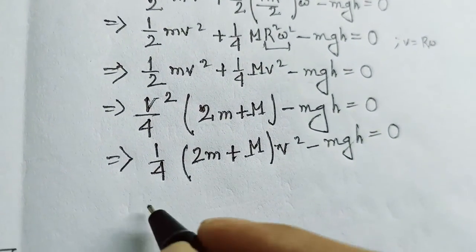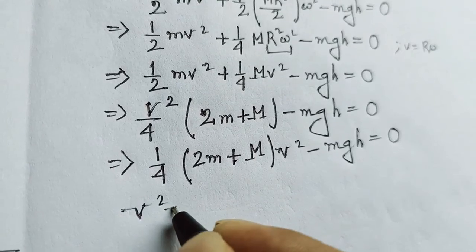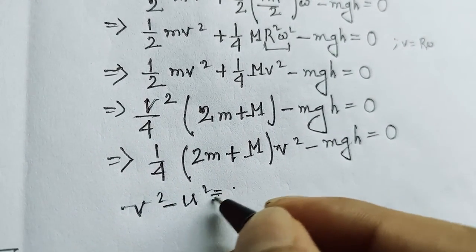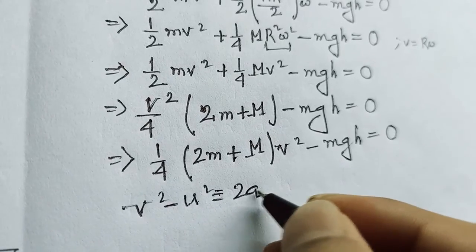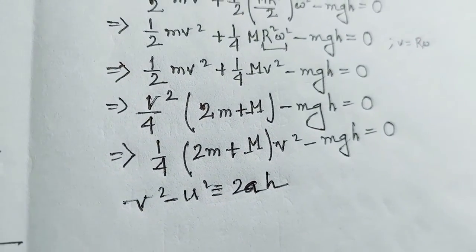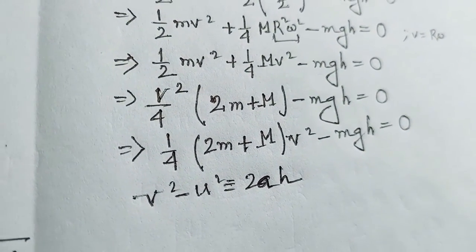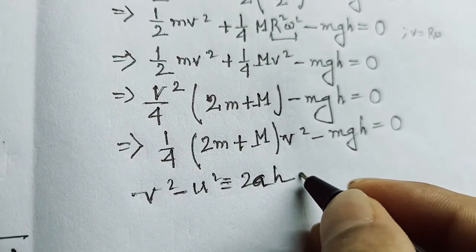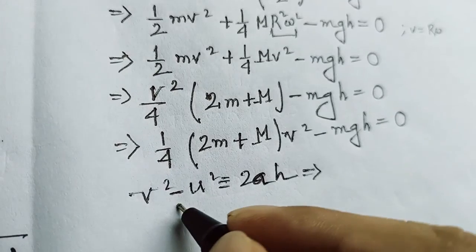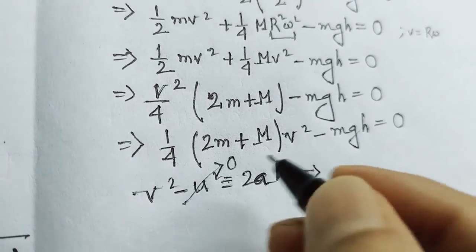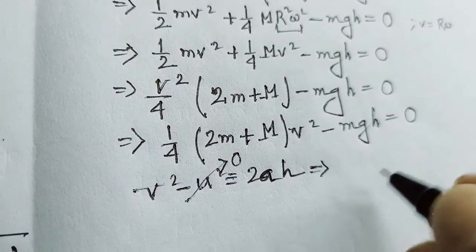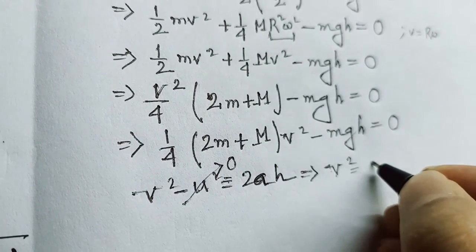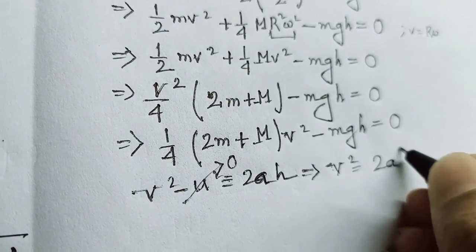Now as we know, v square minus u square equal to 2ah. h or s, that is no matter because all are dimensions of distance. As the initial velocity is 0, we can set the initial velocity as 0, and after setting the initial velocity as 0 we will get v square equal to 2ah.